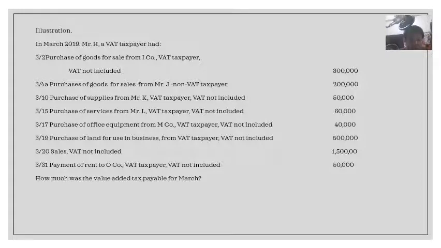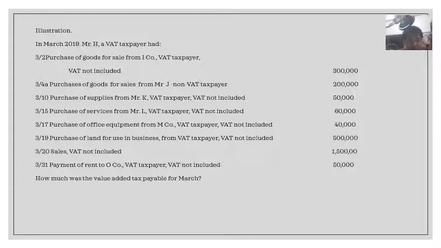Unahin natin yung March 2, purchase of goods from I company, VAT taxpayer, VAT not included. Kasama ba yan yung 300,000? Siyempre, kasama yan. So, times 12%. Tapos, mamaya, i-deduct natin yan sa output tax na 180,000.